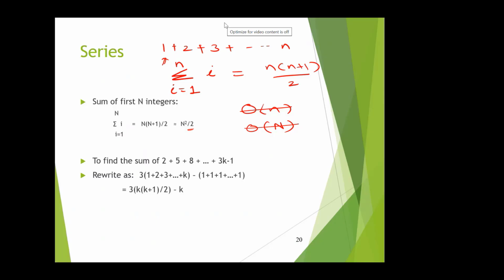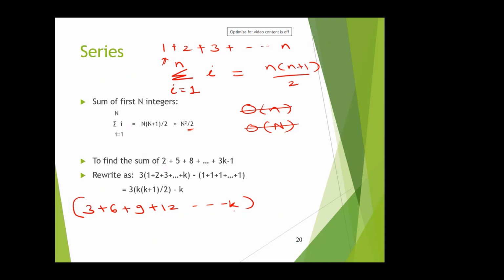So if you look at this and notice how the numbers are growing, you will realize that it is nothing but if I write something like 3 plus 6 plus 9 plus 12 up to some number. So all these numbers are 3 multiplied by 1, 3 multiplied by 2, 3 multiplied by 3, going up to some k. So instead of n, they have used k here.